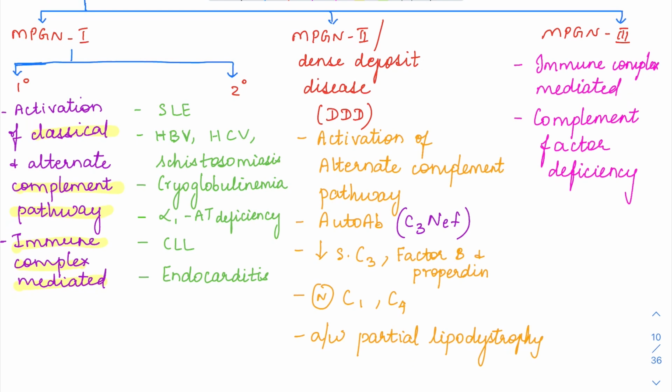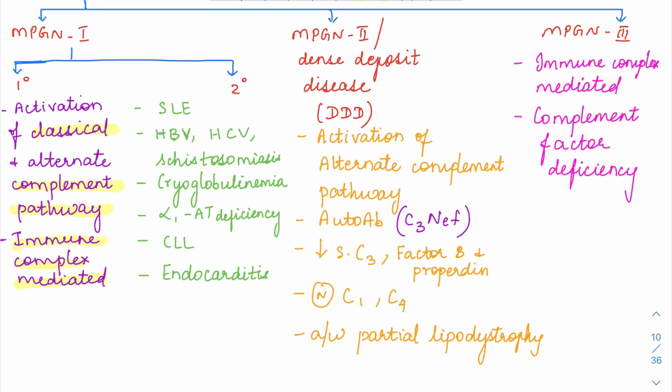Under secondary, we have various other causes, which I was telling will be overlapping with that of membranous nephropathy. So the examples of MPGN type 1 in the secondary causes will be SLE again, hepatitis B, hepatitis C, schistosoma, cryoglobulinemia, lymphomas like CLLs, and then alpha-1 antitrypsin deficiency and endocarditis.